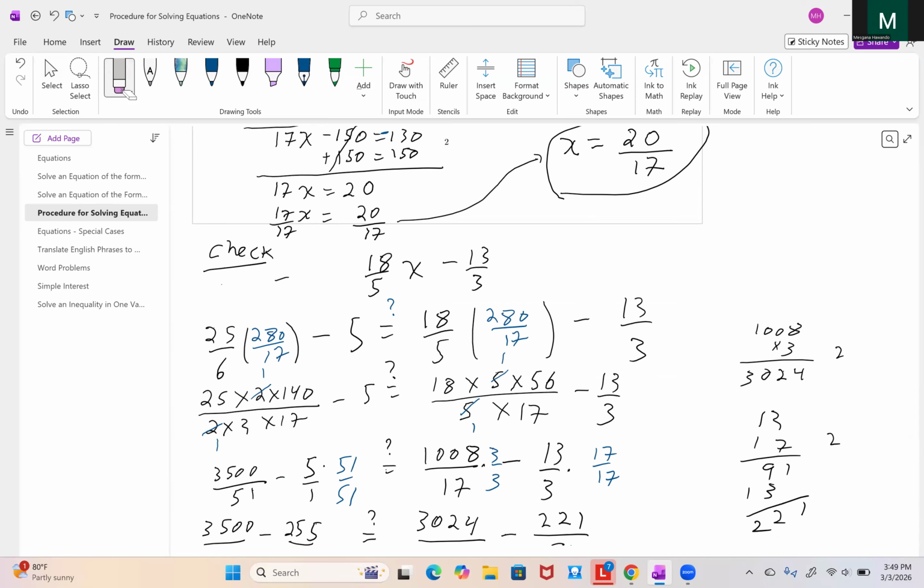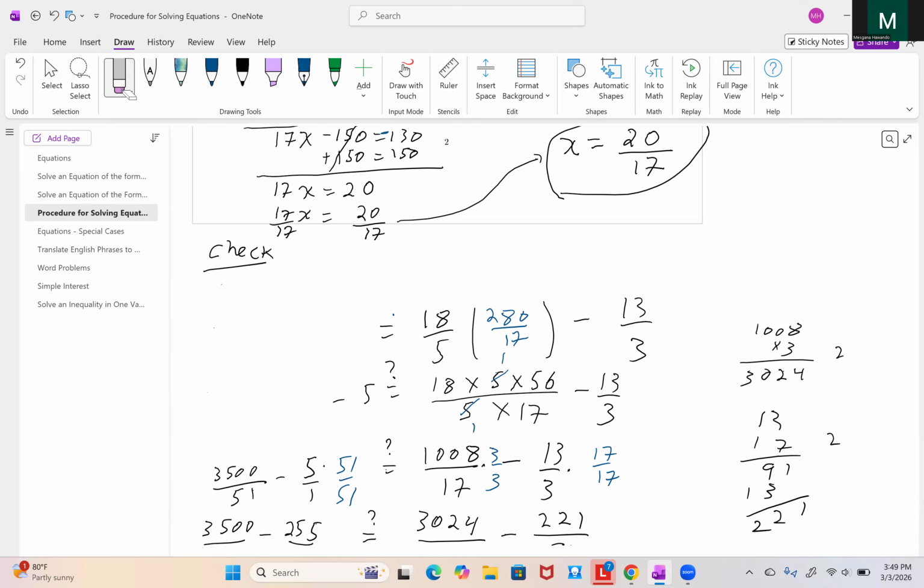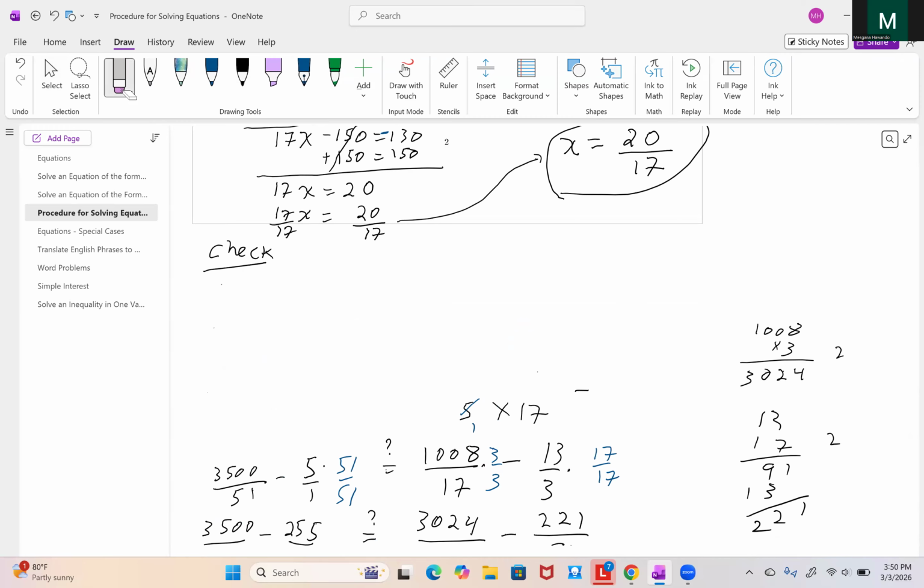This problem required a little bit more work than what we've been looking at. So when you're solving problems like this, this is a typical process that you go through.